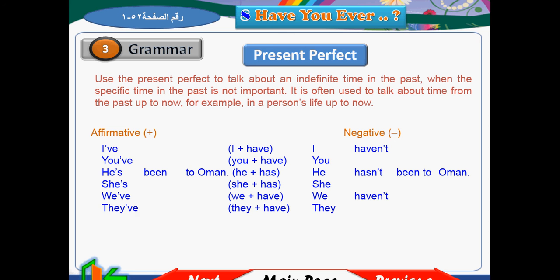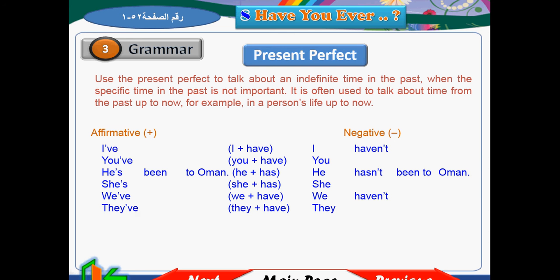If you'd like to use he or she, the sentences will be he has been to Oman, she has been to Oman. If we have the pronoun I and the helping verb have, we can contract them to I've or you've, like these examples. Also, we have he has or she has, they are contracted to he's or she's.